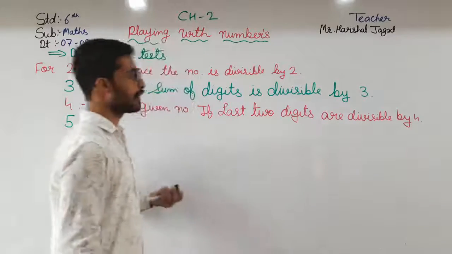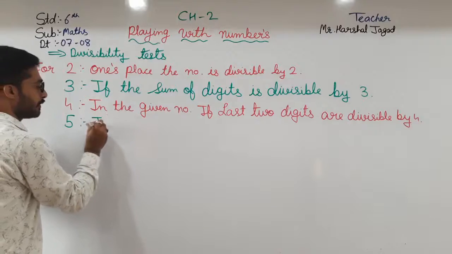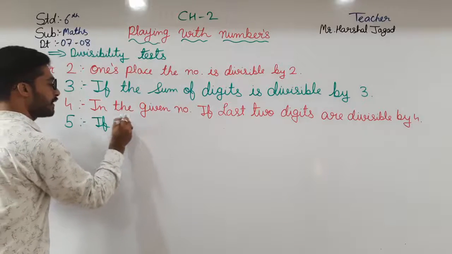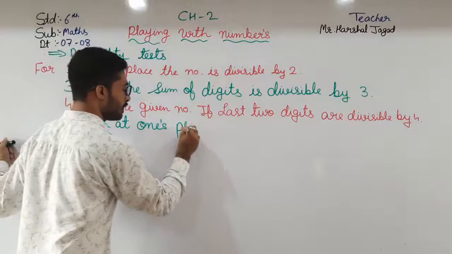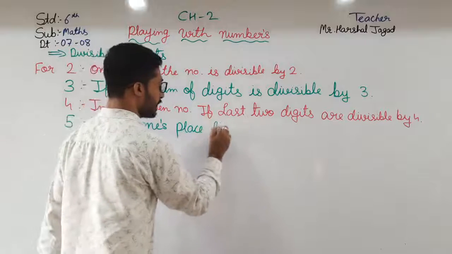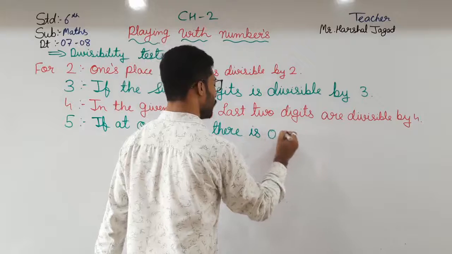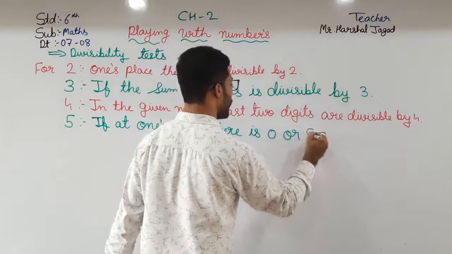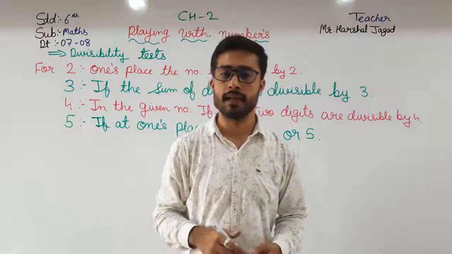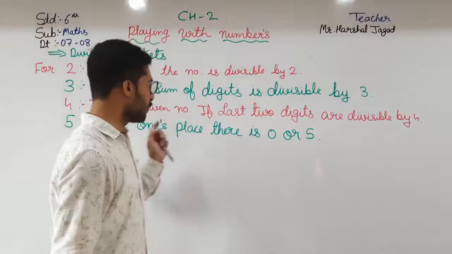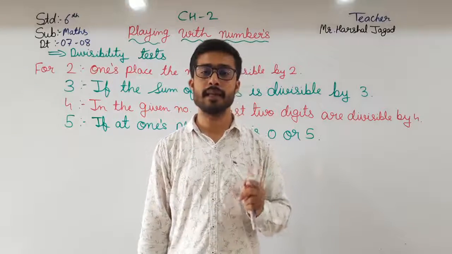But here they have written, if at ones place there is 0 or 5, then that number is divisible by 5.